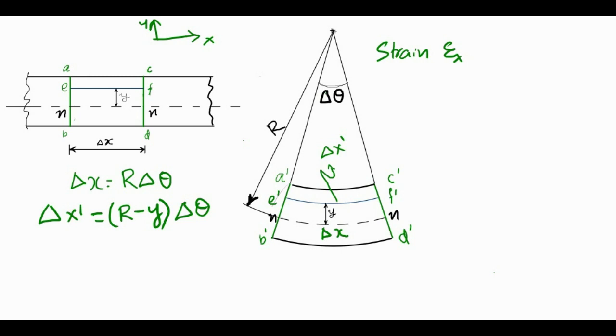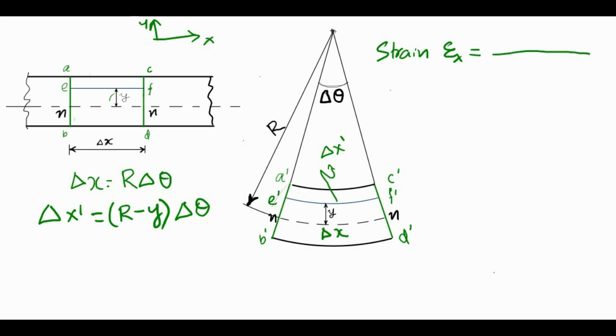So we take an arbitrary layer which is y distance away from the neutral layer. The y is not fixed, we can change y, so it is not a fixed layer. For any layer which is y distance away from the neutral layer, we can find the normal strain in x direction, such as change in length divided by original length.